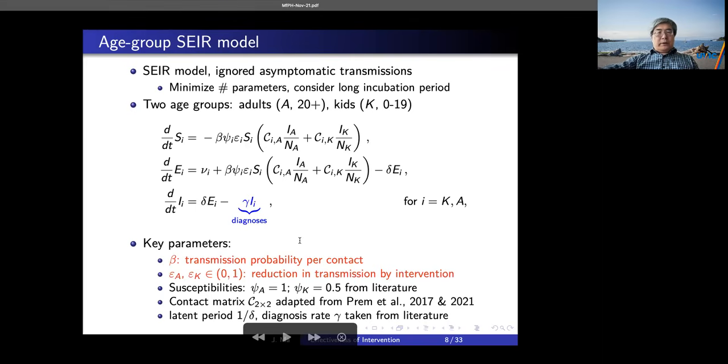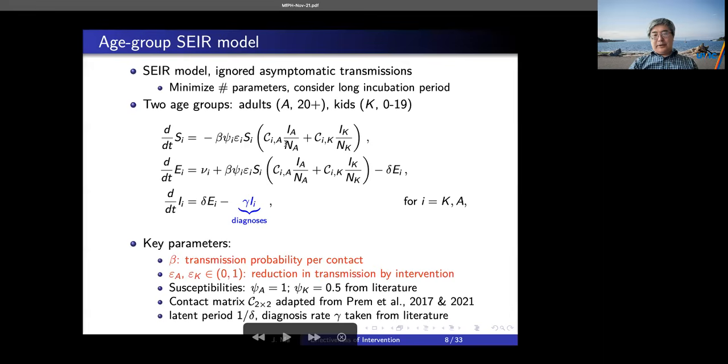So we consider two age groups, the adults, which is 20 years and older, and the kids, who are from 0 to 19. This is just the standard two age group SEIR model, where there is a mixing matrix or contact matrix C, which is 2 by 2.